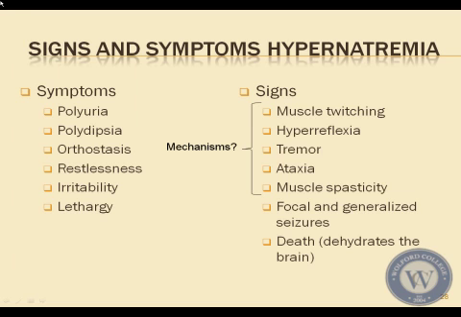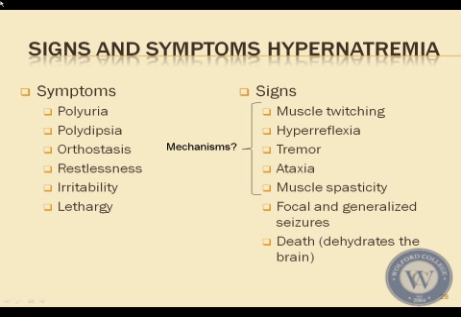Signs and symptoms of hypernatremia include severe thirst. This activates the thirst centers in the body, so the person will develop polyuria and polydipsia. They also will develop orthostasis as part of the symptoms, and restlessness, irritability, and lethargy.